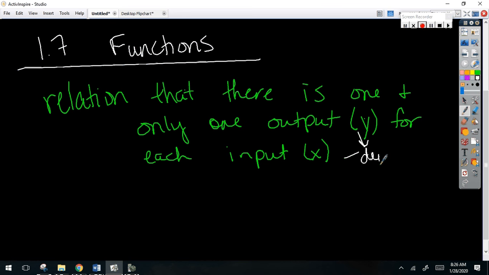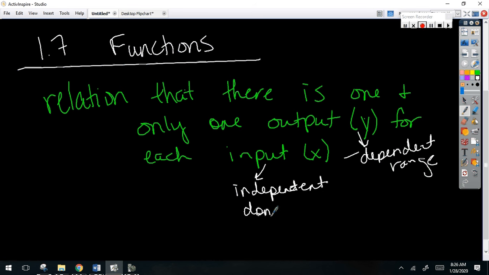Dependent, what's another word? Range. Somebody said it, range. Give me the synonyms for input. Independent, dependent, and domain.